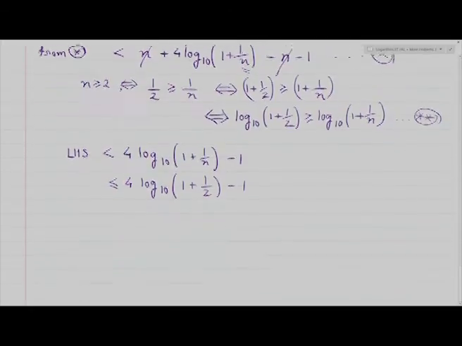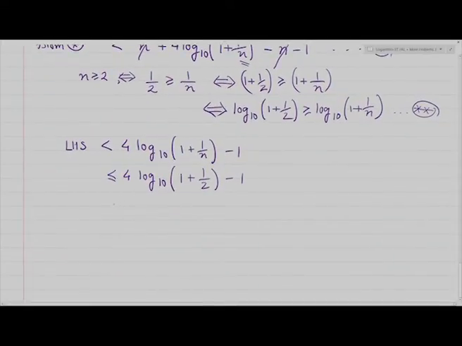Okay. So this is again going to be equal to 4 times log to the base 10 of 3 by 2, minus 1. Now this minus 1 is creating a problem.